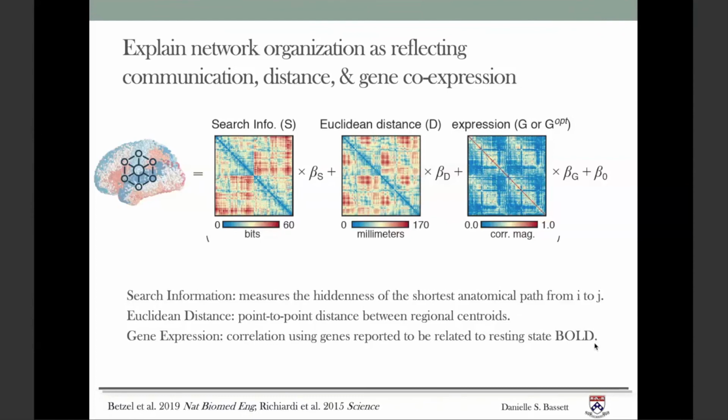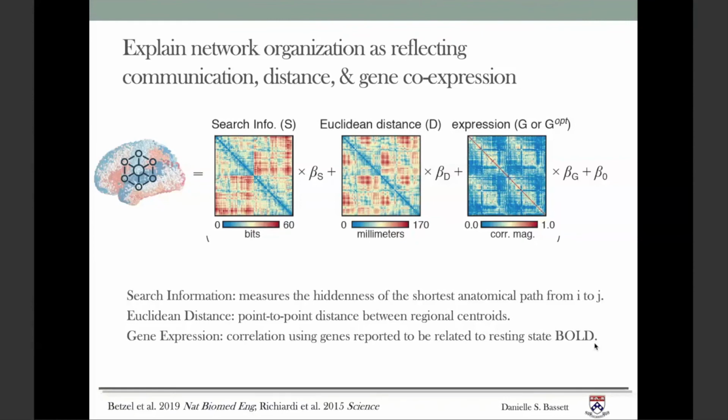So here we used gene expression data from the Allen Brain Institute, and we used 2 versions of it. Again, we assigned the different probes to specific regions from the atlas, and then we estimated the correlation between the levels of expression.